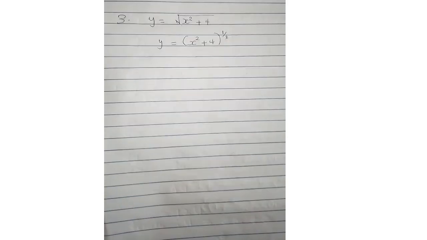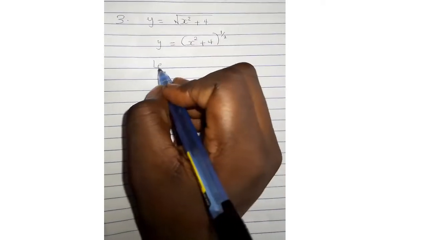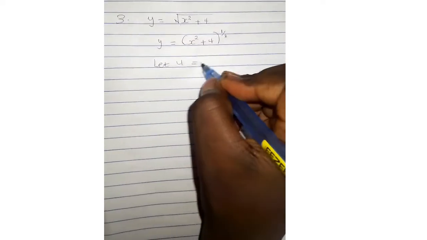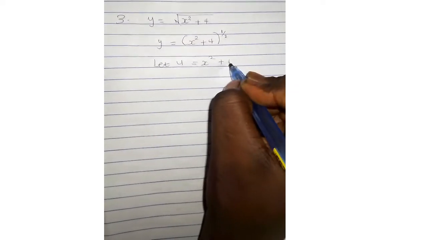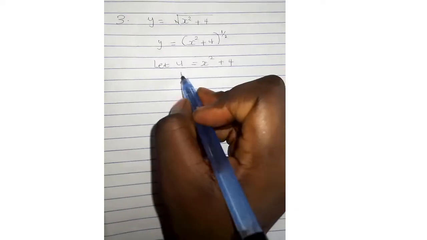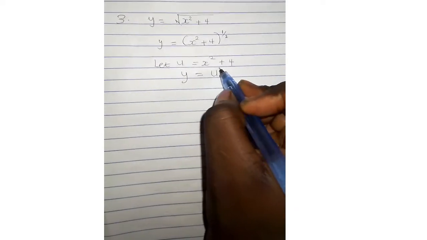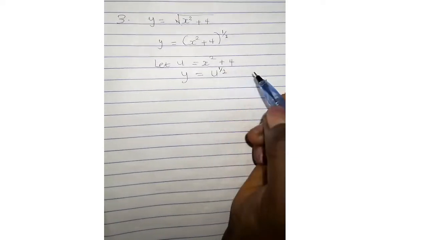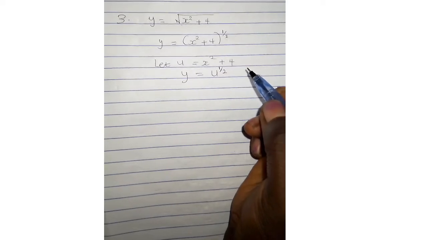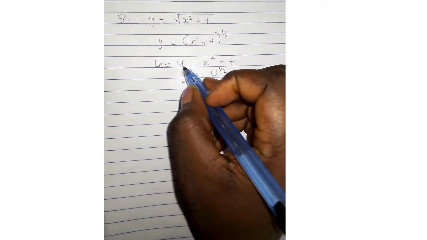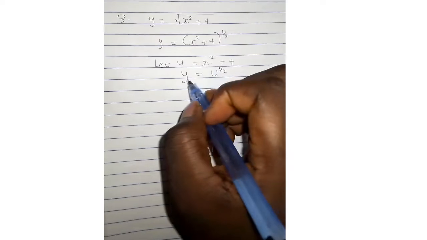This simply means the root of this. So I'm going to say let u be equal to x squared + 4. Then our y will be equal to u all raised to 1/2.